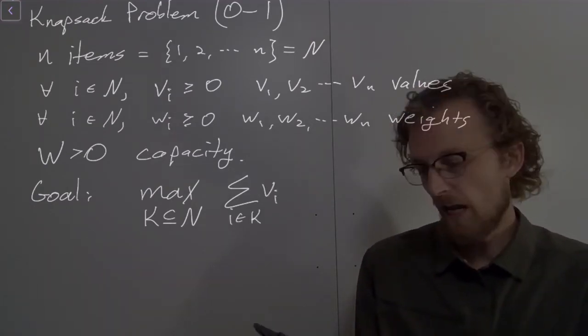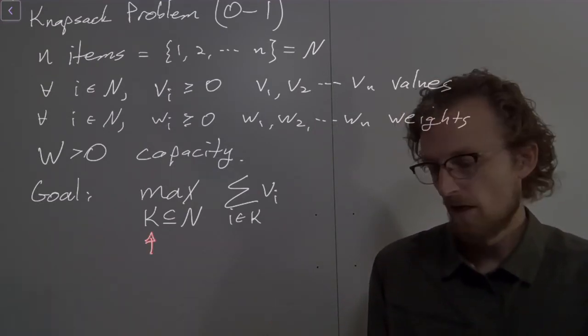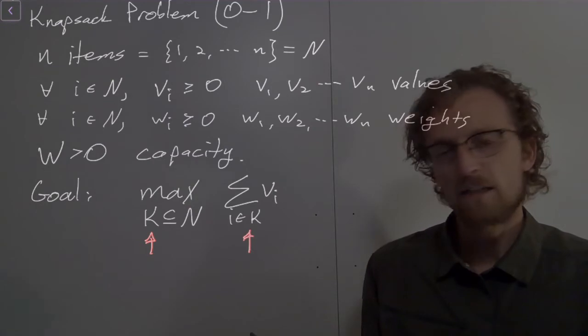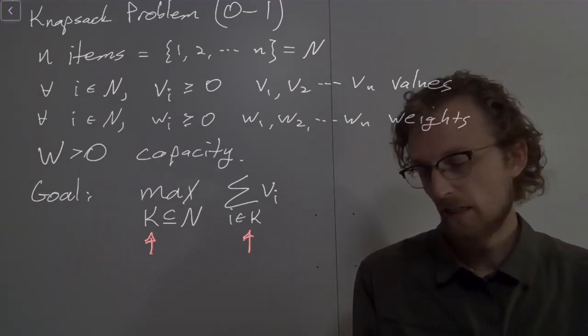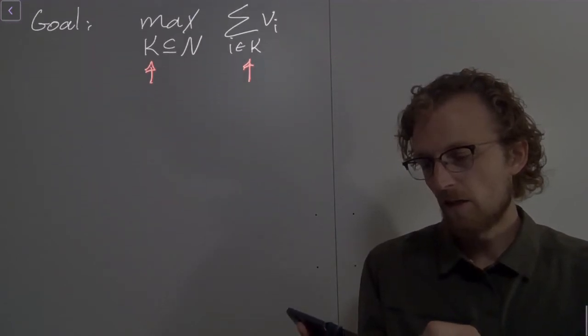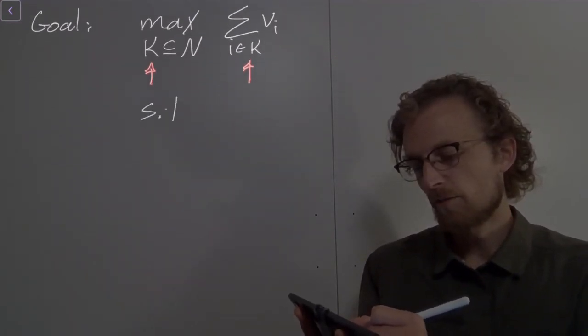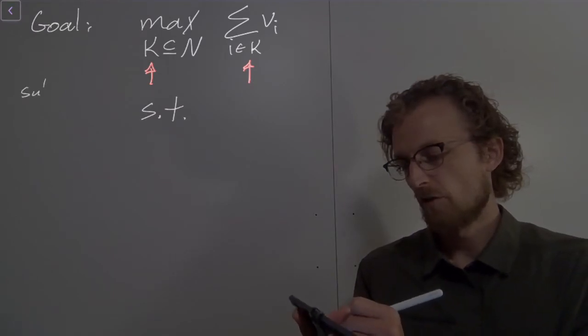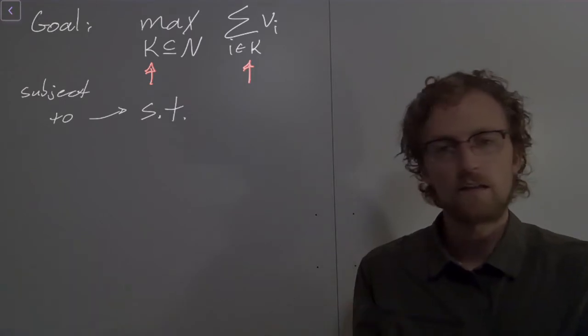So all this is saying is that I want to pick a subset of the items such that the sum of the value of everything I've taken is maximized. And then, in optimization notation, I write "subject to," which is what ST stands for.